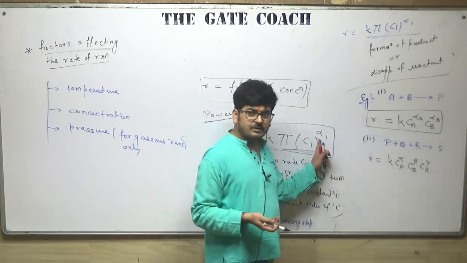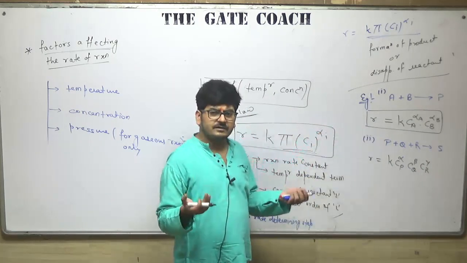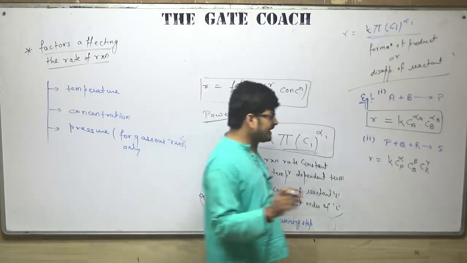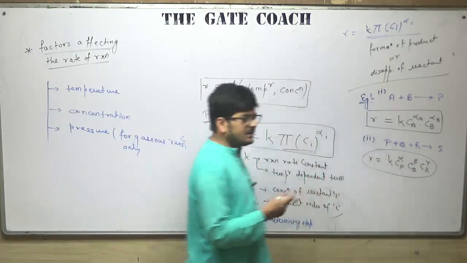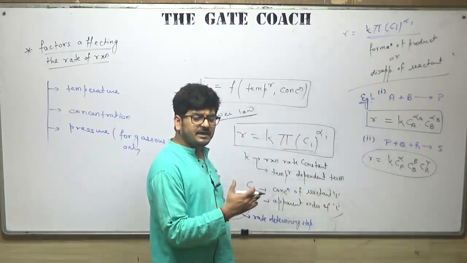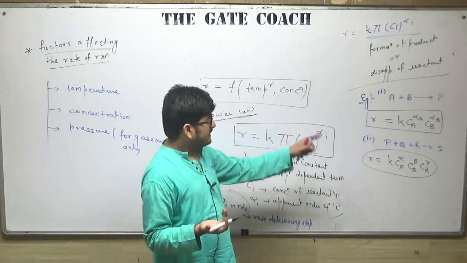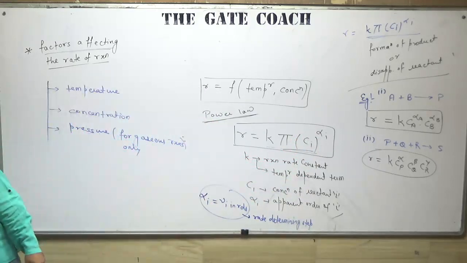Alpha i is the apparent order. You can write alpha 1, alpha 2, alpha 3, or alpha A, alpha B, or alpha, beta, gamma, whatever you want to write. That is your choice. So that's how we can write the rate of reaction in terms of the reaction rate constant k and the concentration of the reactants.